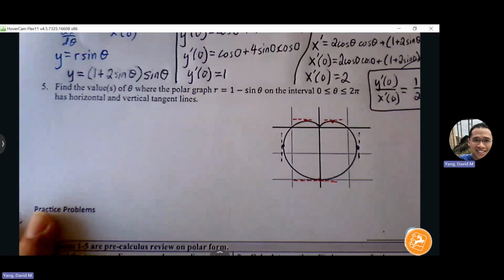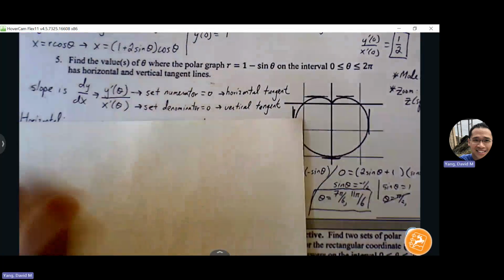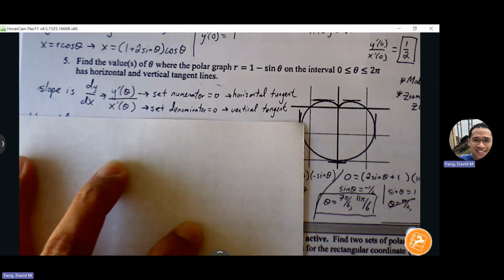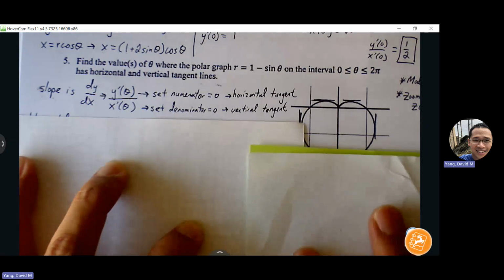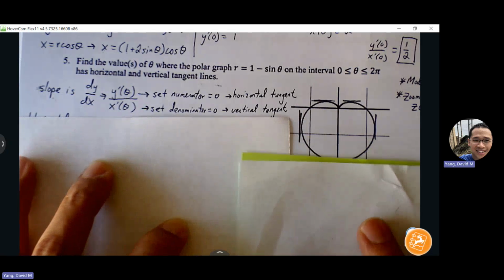Okay, so we're gonna just use our ability to find these here. I want you guys to copy this down. So the slope is dy over dx, which is y prime of theta over x prime of theta. Anytime I'm looking for a horizontal tangent, I'm going to be setting that y prime equal to 0.